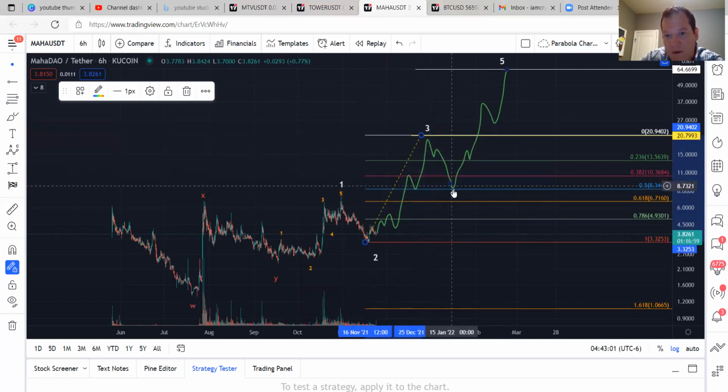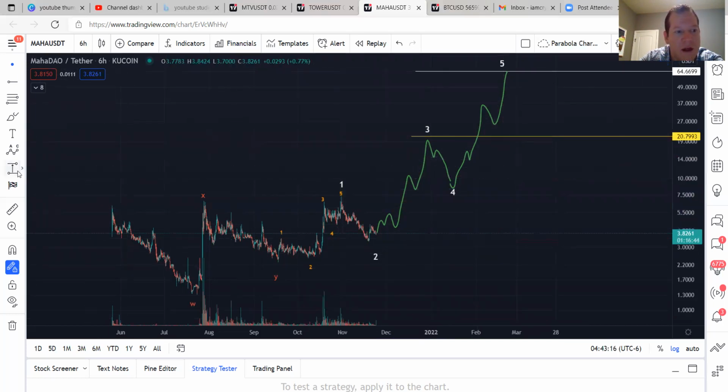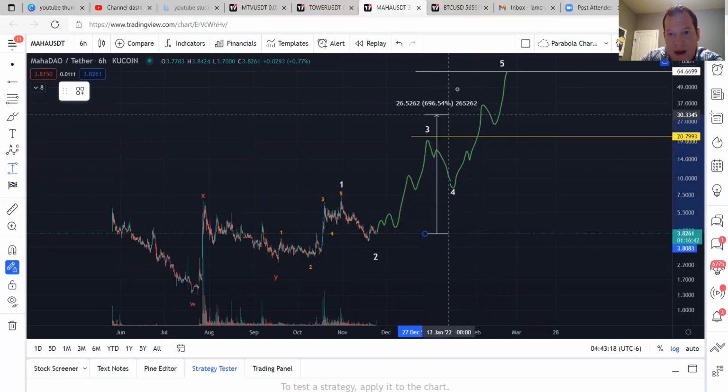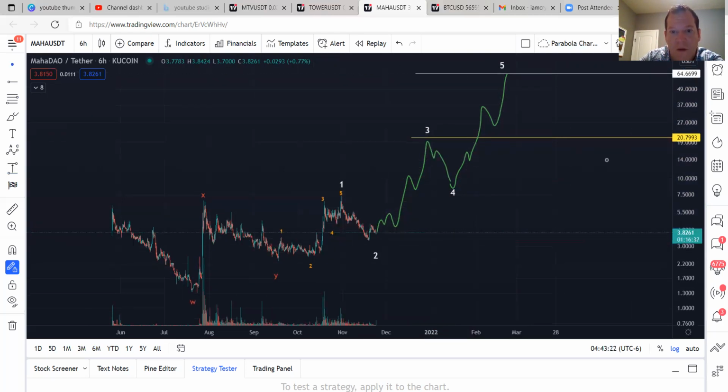I have got this correcting down here around 0.5, not going all the way down to 0.618, but it could. And then from there, I have it finishing its final leg up to about $64, $65. So that is a 1,500% gain from where we are now.